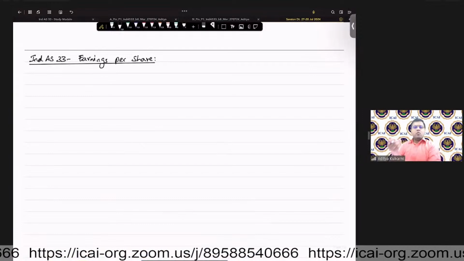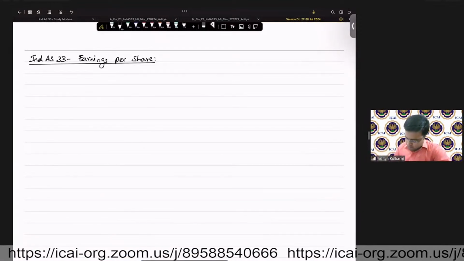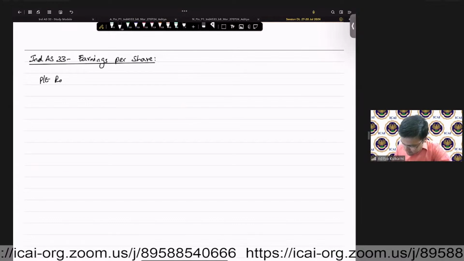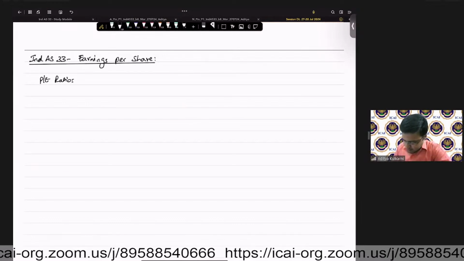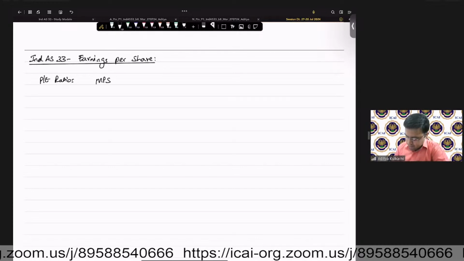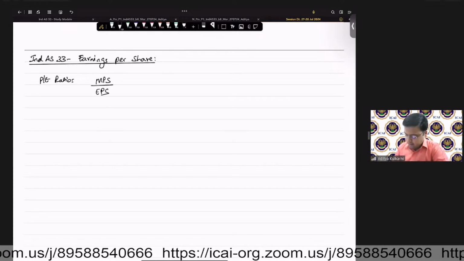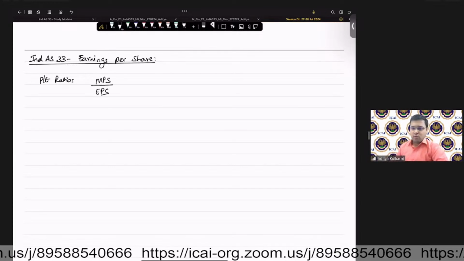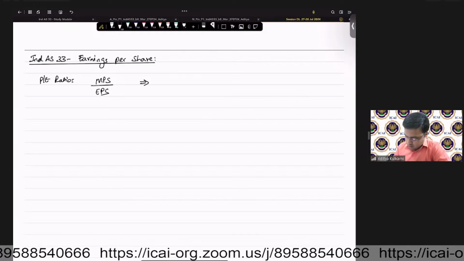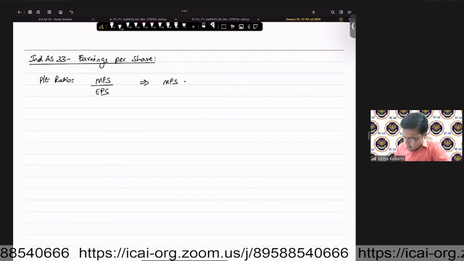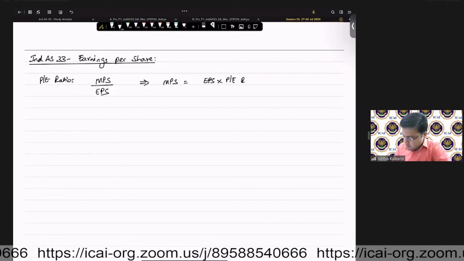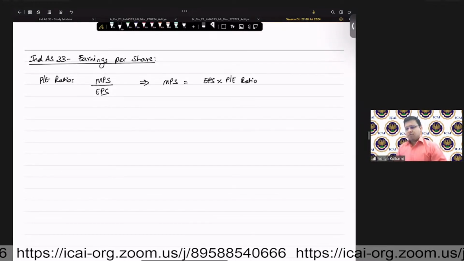All right. Why is it so important? Why is it so crucial? You would be aware of a ratio known as PE ratio. What is PE ratio? Price earnings ratio. So market price per share divided by earnings per share. So if I just do a transposition, market price per share is nothing but EPS into PE ratio.